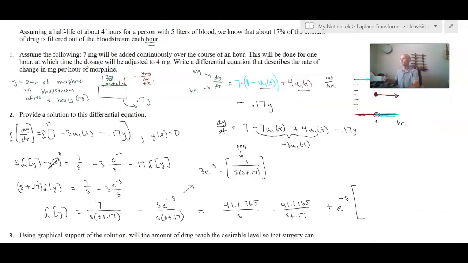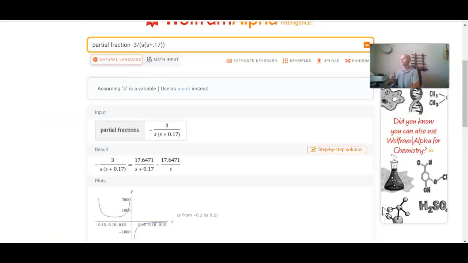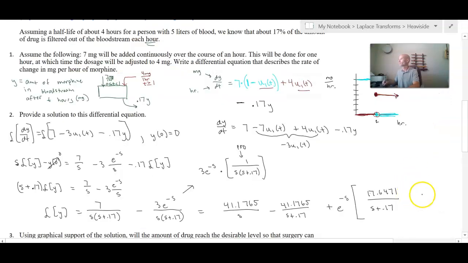17.6471 over s plus 0.17 minus the same thing over s. Okay, so we know how to invert these first two terms.